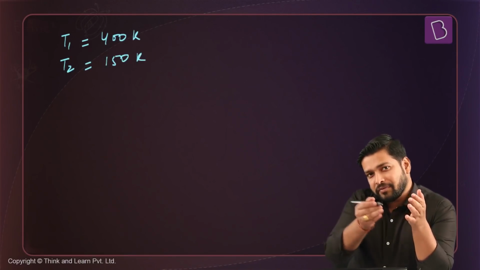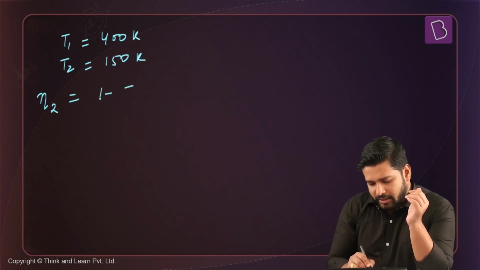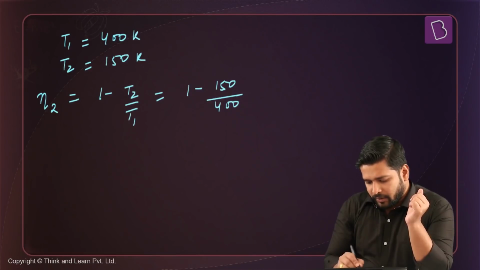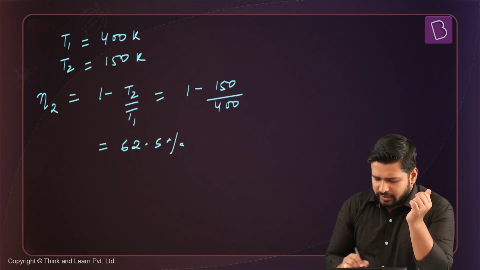And you're decreasing it by 50, so it becomes equal to 150. So now if I substitute the value of eta 2, I get 1 minus T2 by T1, which is equal to 1 minus 150 by 400. And when you cancel this and calculate this value, you get approximately 62.5 percent, right?